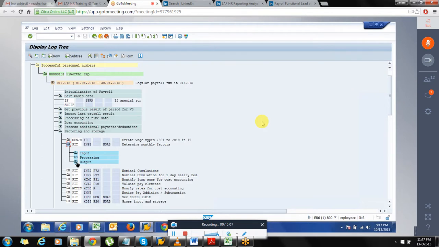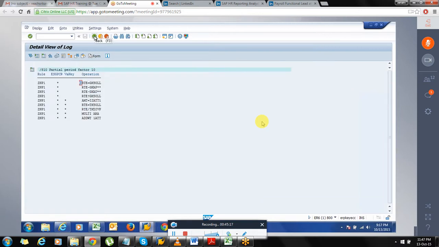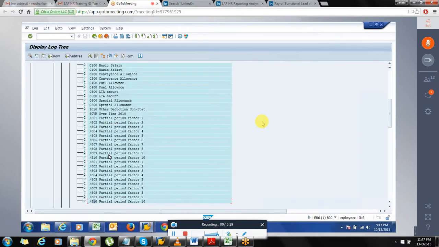We have /810 two times. It is the first split. The same thing it will read, and you will be getting the output like this.